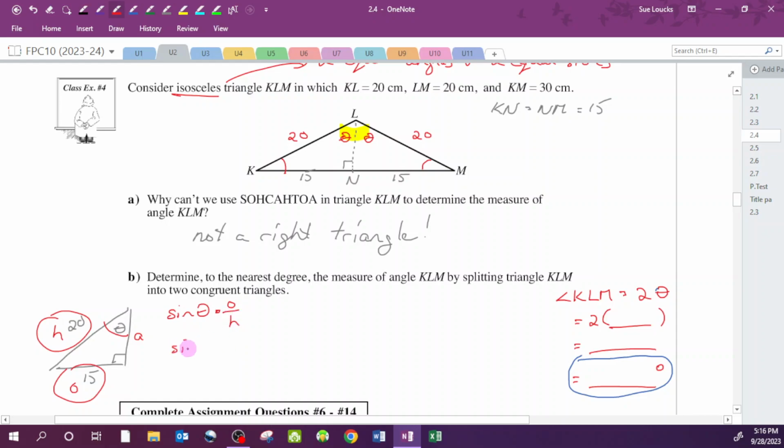So sine theta is going to be 15 over 20, and I get theta equals 49.59037789.